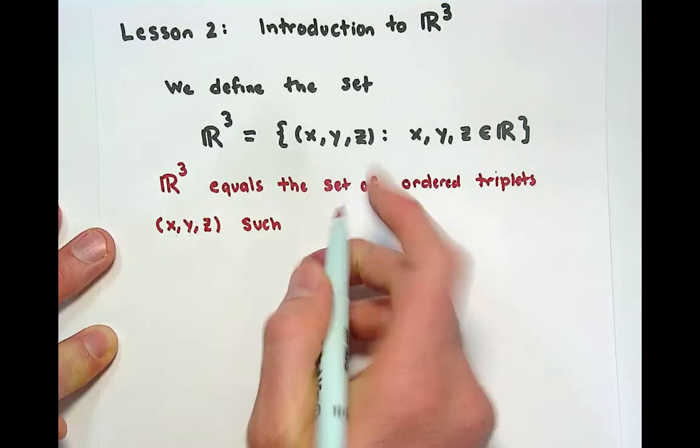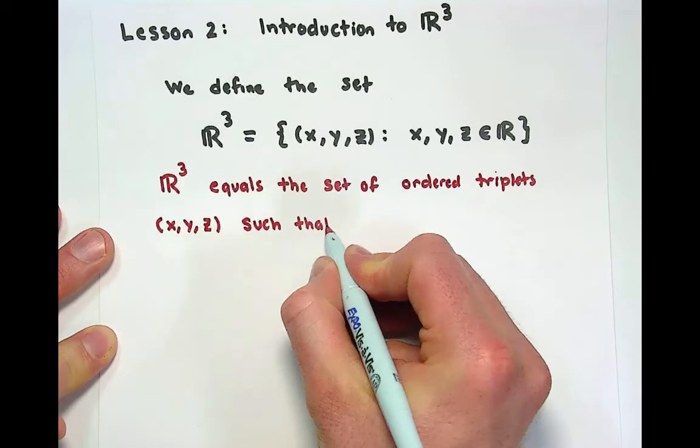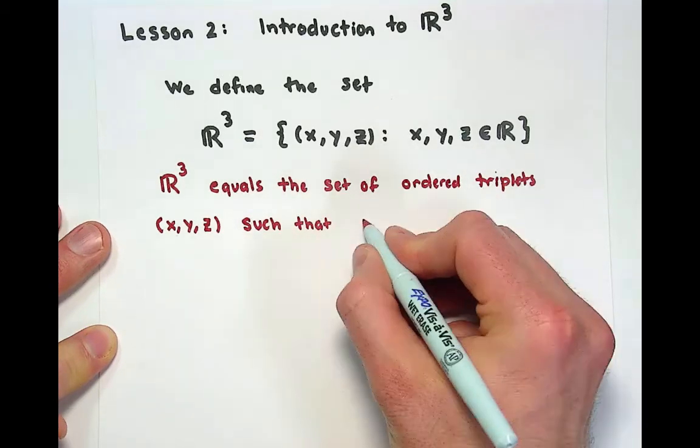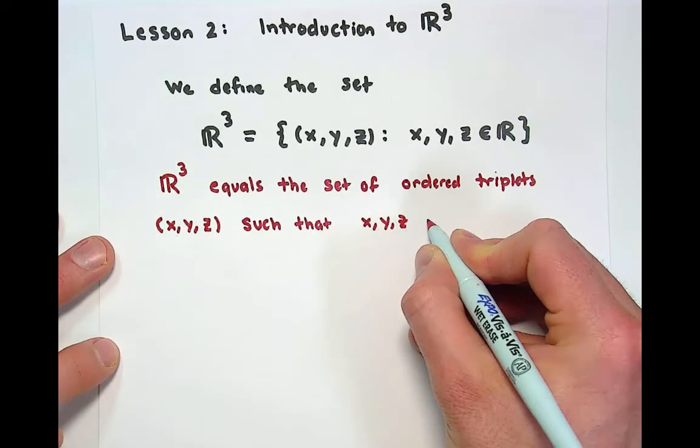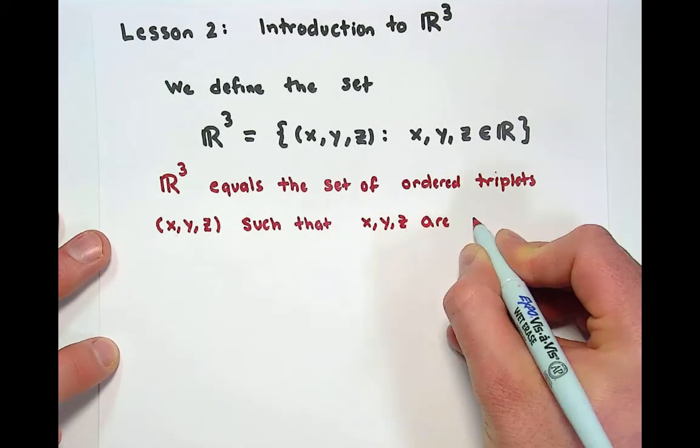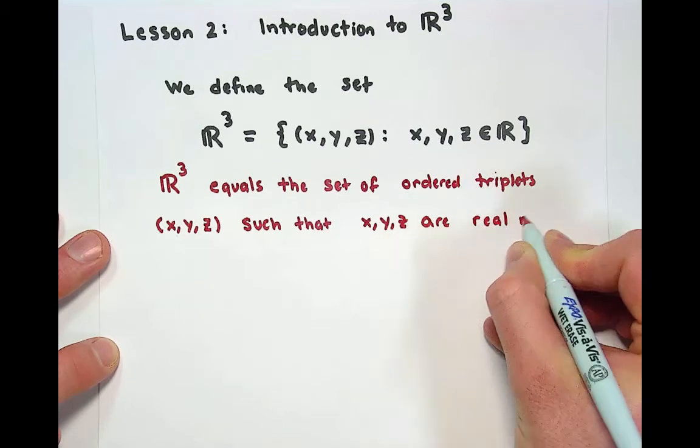These semicolons you can read as such that each of the coordinates is a real number.